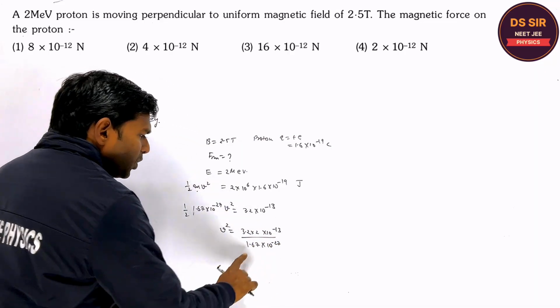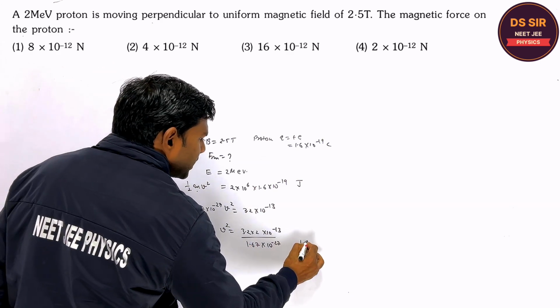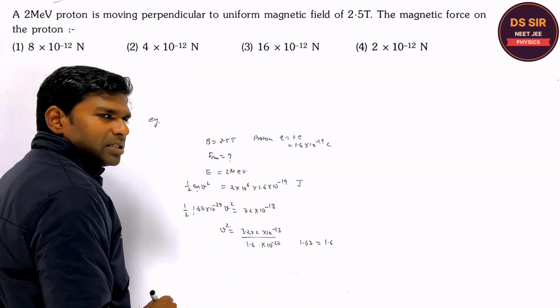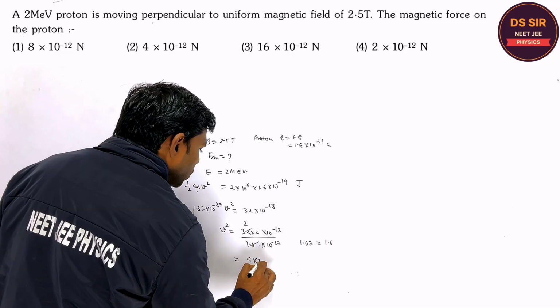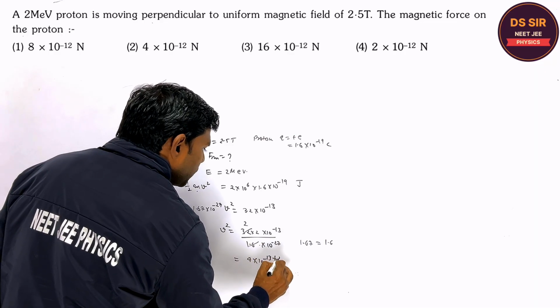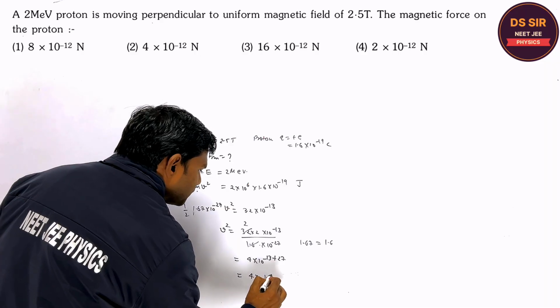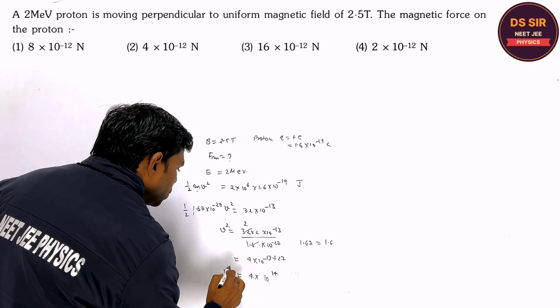Listen, one thing. For simplicity, the mass 1.67 may be written as approximately 1.6, right? So it is 4 into 10 to the power 14. So this is the v square.